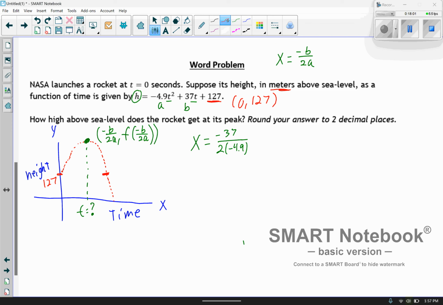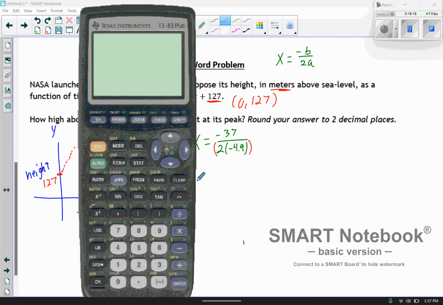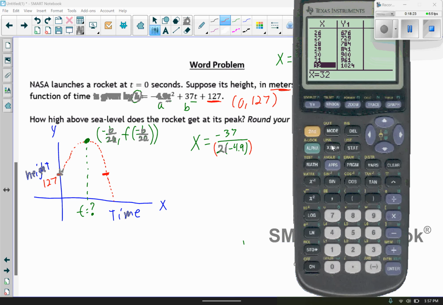Now, when I put this in my calculator, I do need to be a little careful. If I'm going to type this whole thing in, I need to put the denominator completely in parentheses also. The reason is that if I don't, the calculator will not read it correctly. So here we go.